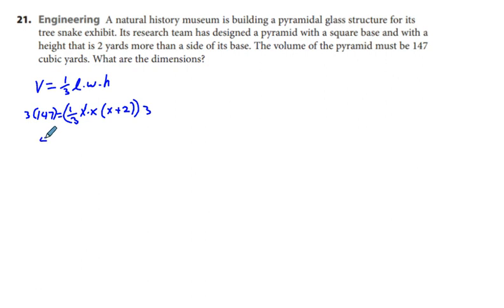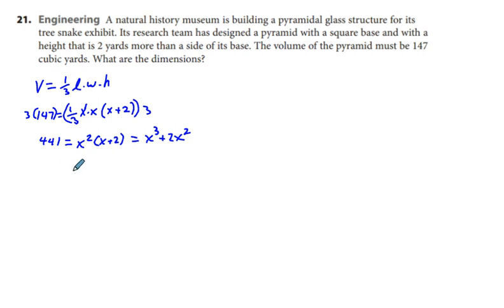We get 441 is equal to x squared times quantity x plus 2, which is going to be equal to x cubed plus 2x squared.